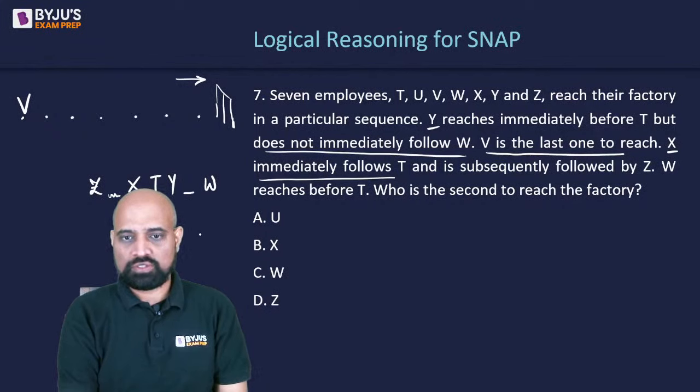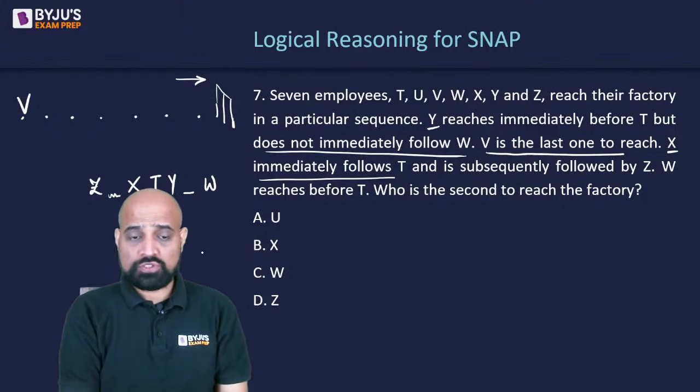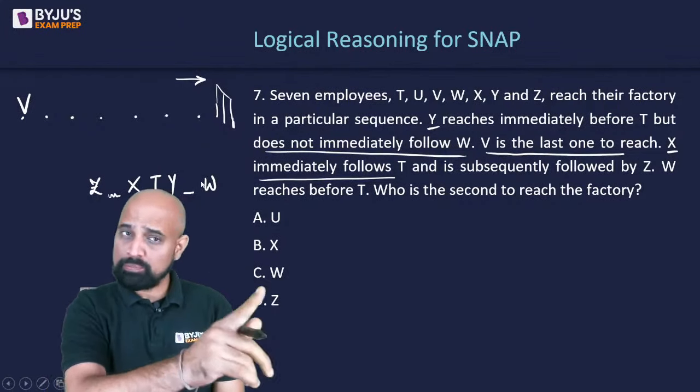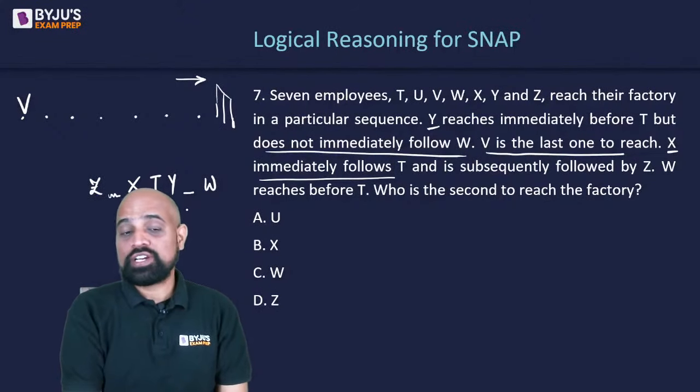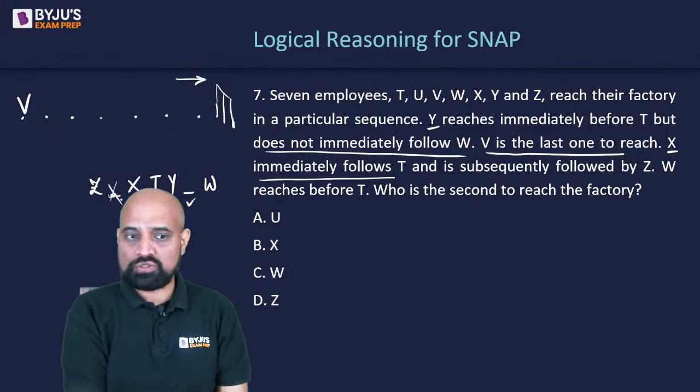Oh, this was obvious. Who is the second to reach the factory? So we do have 1, 2, 3, 4, 5 people here. One person V is already present. And we know definitely that there is one person at least here. So there should be no one, right? So that is X and Z, they are in sequence.